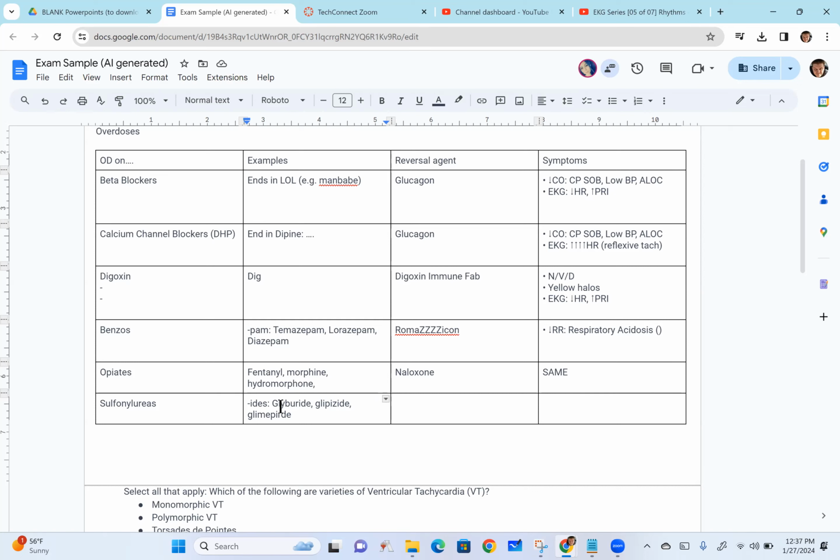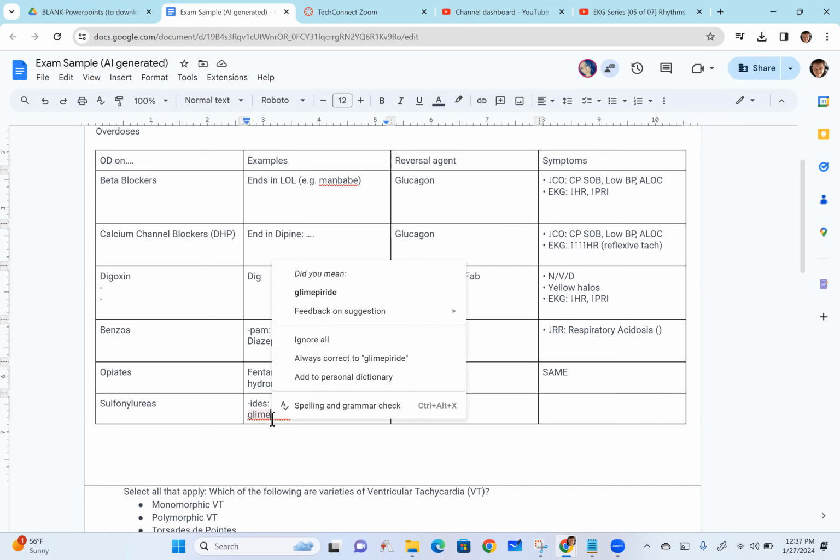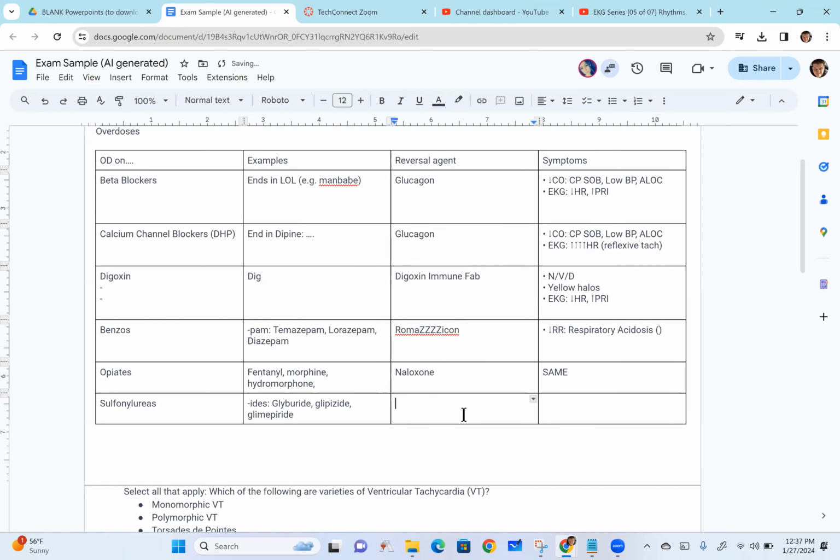Ide is always sulfonylureas. All right, so the reversal agent we said was octreotide, right? Octreotide. All right, symptoms of sulfonylureas, you get hypoglycemia, right?